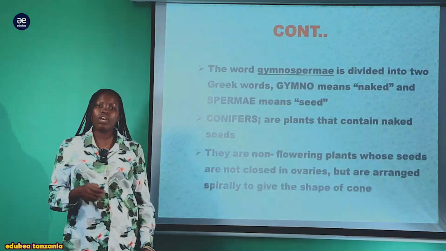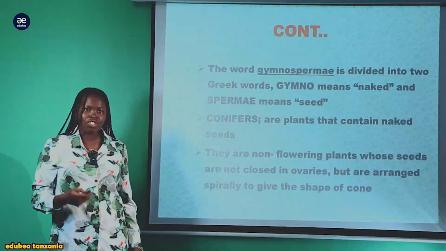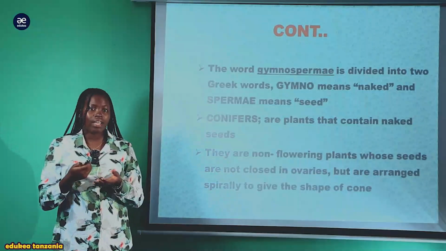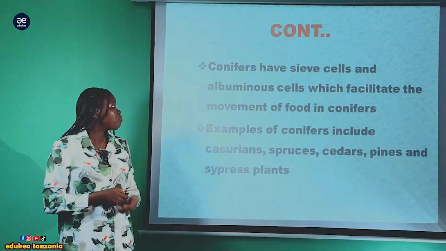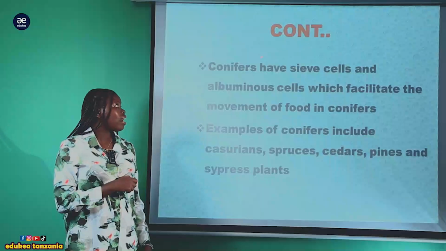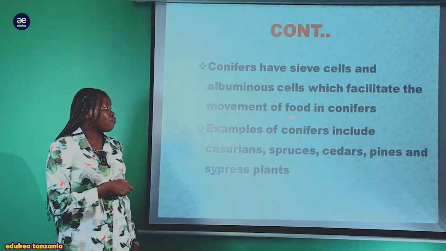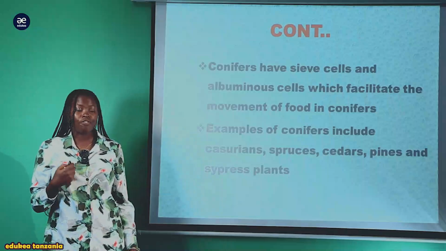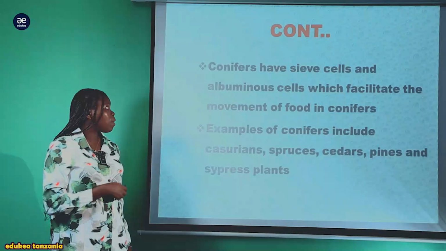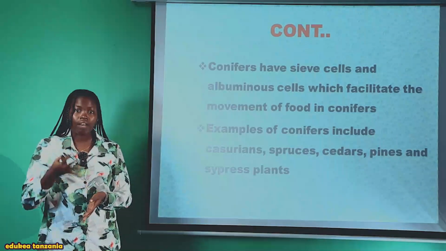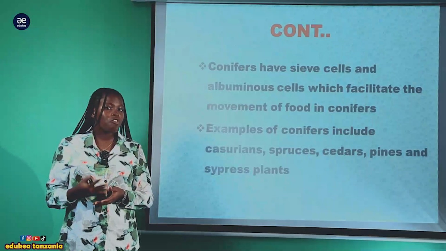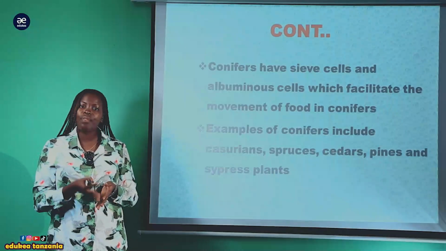So their seed arranged spirally kuweza kupatia ile shape la cone. This Coniferophyta have sieve cell and albuminous cell which facilitate the movement of food in conifers. Kwa hizi hapa conifers wanakuwa wana sieve cell pamoja na albuminous katika phloem, ambapo kazi yake ni katika movement of food in plants kwa ajili ya survival na vile kwa ajili ya storage.